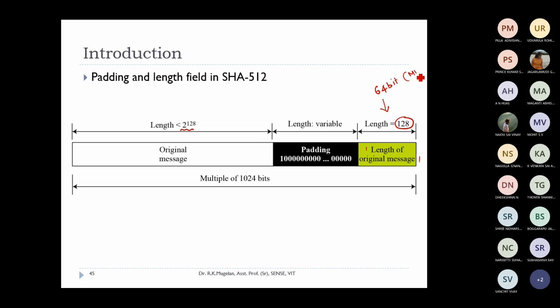Whereas in this case, we are using 128 bits. After adding your original message length along with this 128, if it is not coming within a multiple of 1024, then you will go with your padding. In this padding, again, the first bit will be 1, and the rest will be followed with zeros.